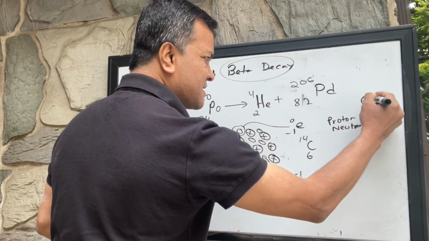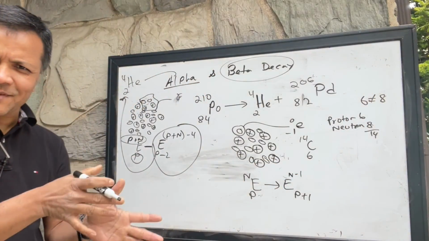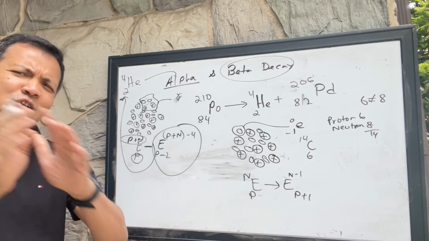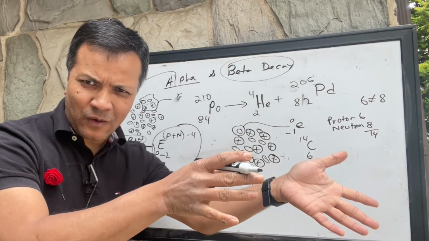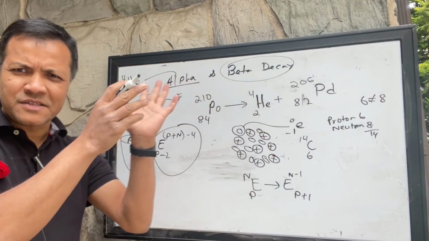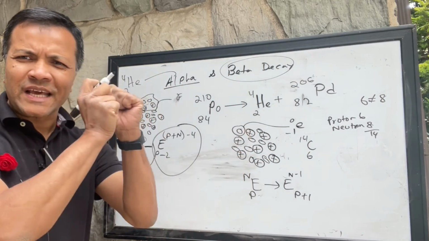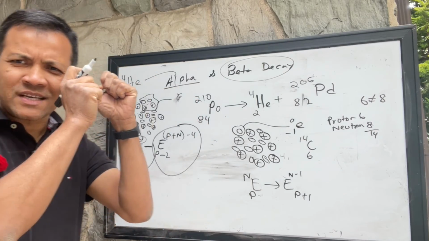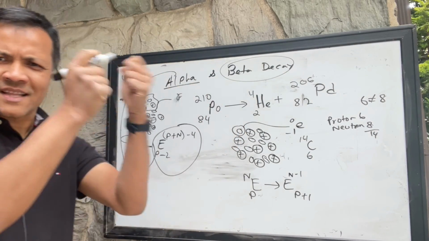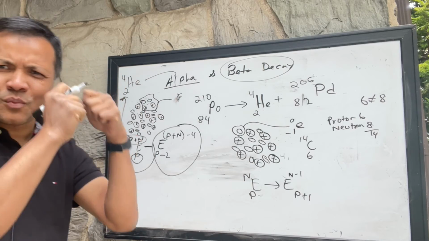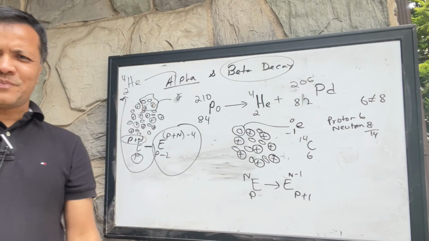So 6 is definitely not 8. So carbon 14 wants to go through decay to become stable. This one goes through beta decay, because its neutron wants to emit an electron so that it can lose a neutron and gain a proton, so it becomes stable.